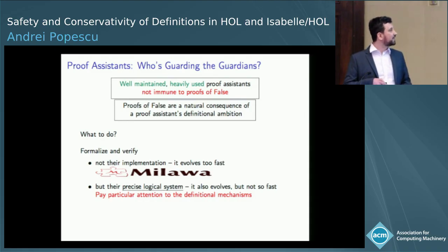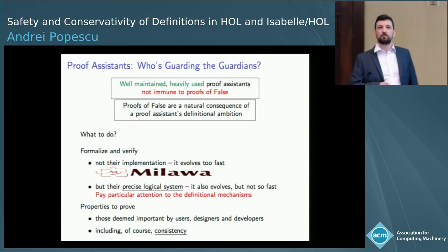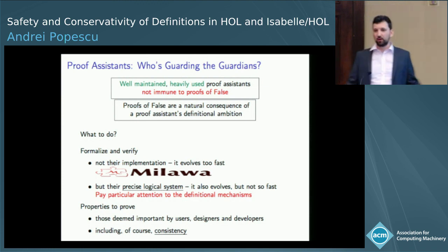Rather, have a detailed specification of the precise logical system. This also evolves, but not so fast. And one should pay particular attention to the definitional mechanisms. And this should be, in an ideal world, part of the documentation manual of a proof assistant.